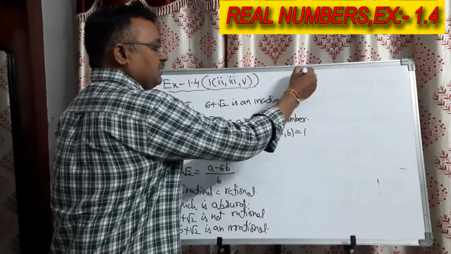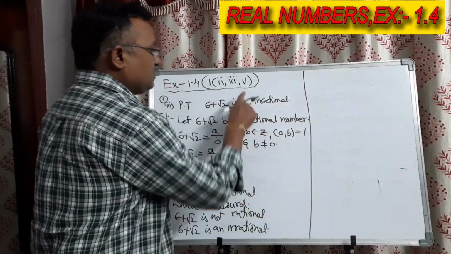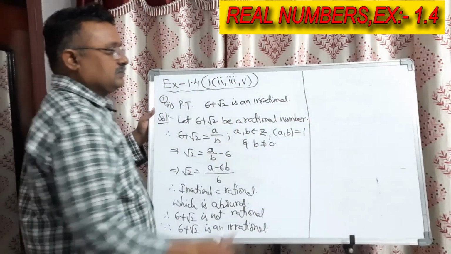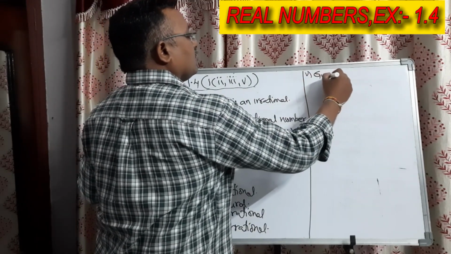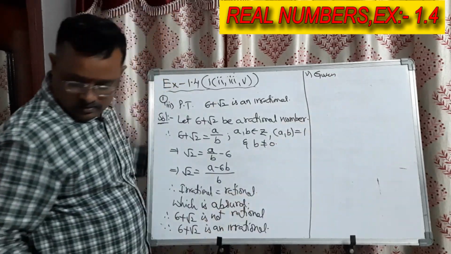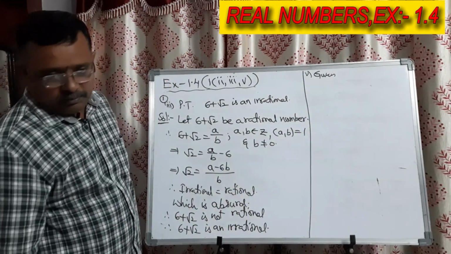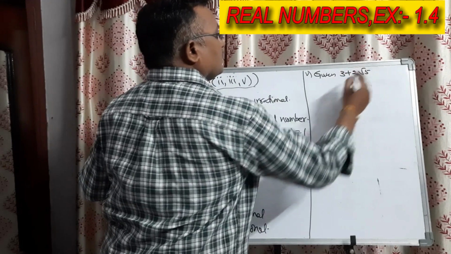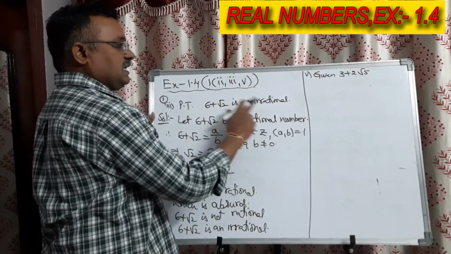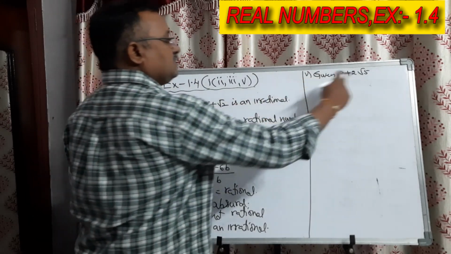In the same way, come to the last one, the fifth problem. In the fifth problem, the given number is 3 plus 2 root 5. We need to prove this one is irrational. So this is the given number.